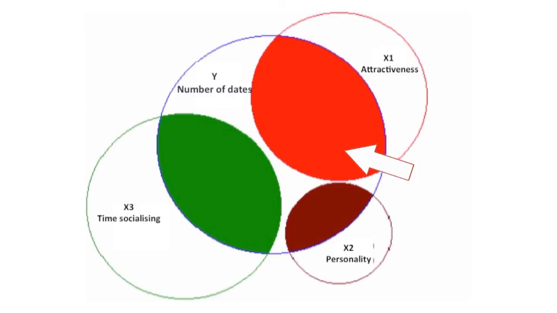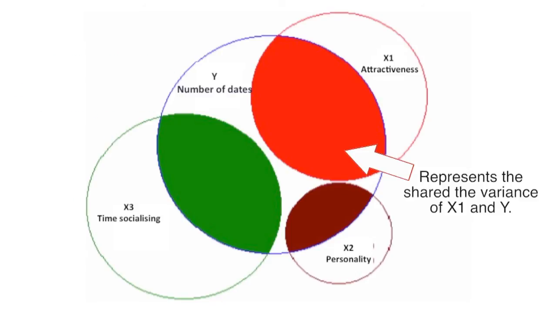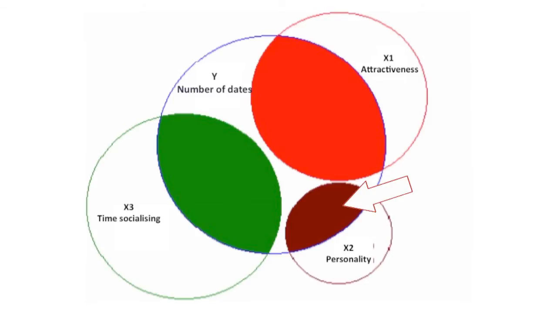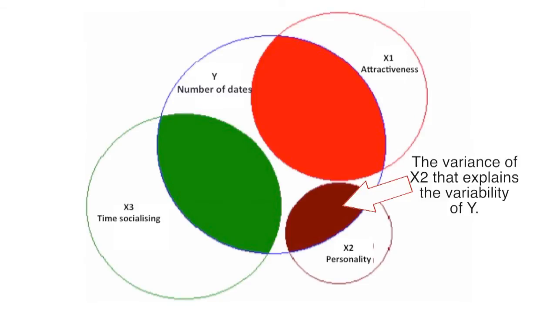Now the red coloured portion represents the shared variance of x1 and y. In other words, the variance of x1 that explains the variability of y. The brown coloured portion represents the shared variance of x2 and y, the variance of x2 that explains variability of y.